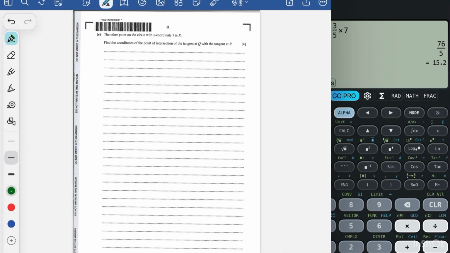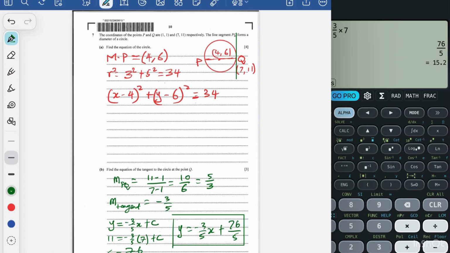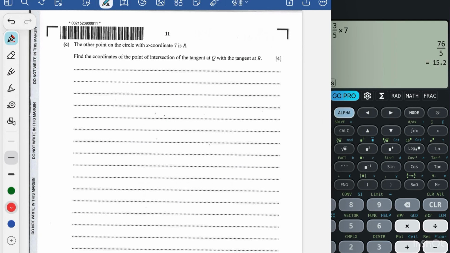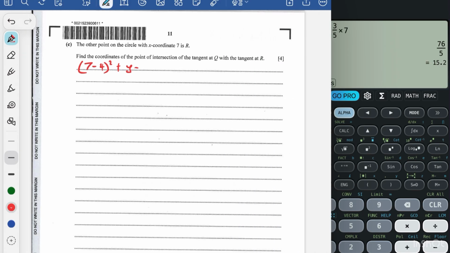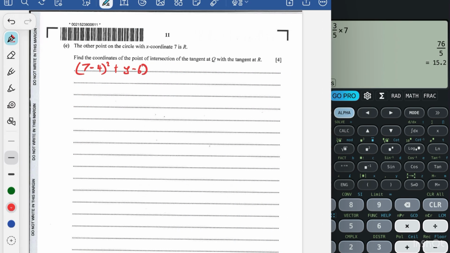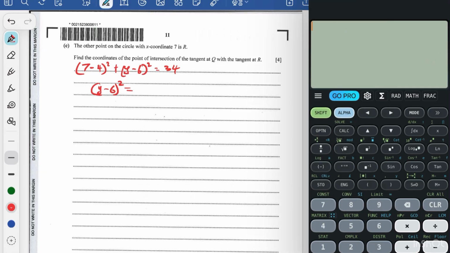I need to find the y coordinate because it's only when I know x and y that I can do things. So I'm just going to substitute it in the equation of the circle. So 7 minus 4 squared plus y minus 6 squared is equal to 34. So y minus 6 squared is equal to 34 minus 9, which is 25.